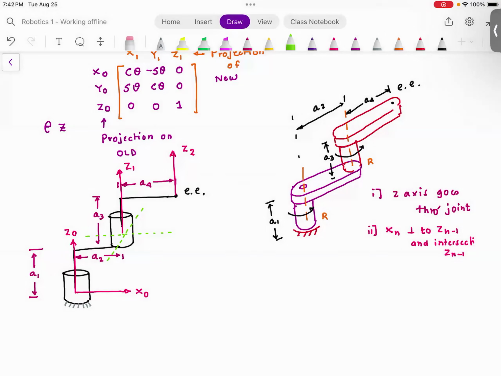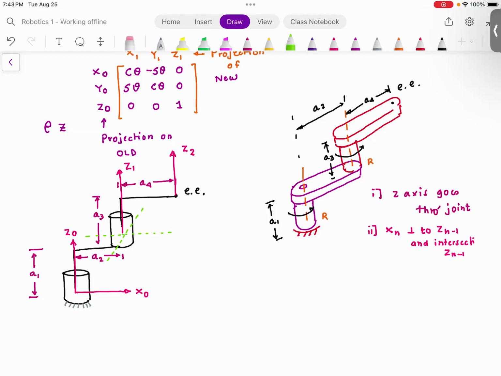So now the question is, where would you draw X1? If I draw X1 in this direction, do you agree with me? X1 is perpendicular to Z1, X1 is perpendicular to Z0, and X1 is intersecting Z0. I can also draw X1 in this direction, and it will also satisfy the same thing.